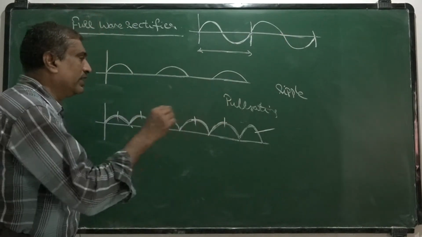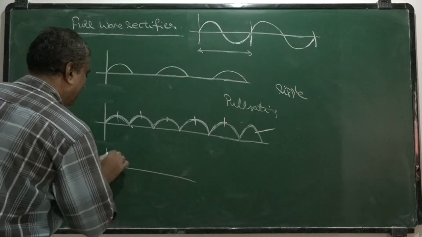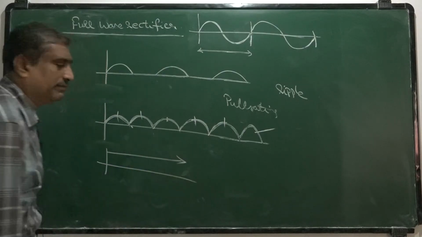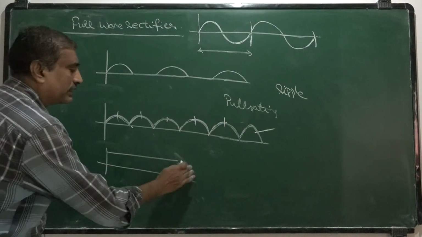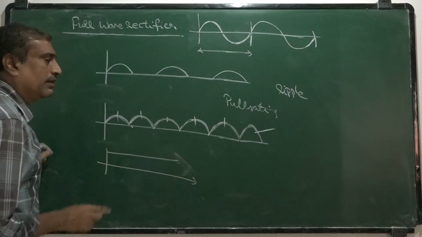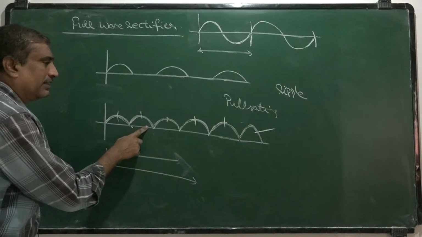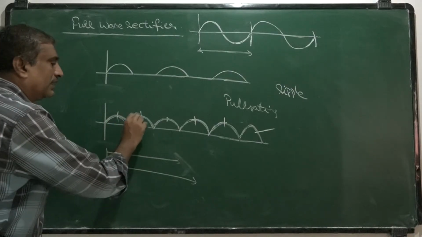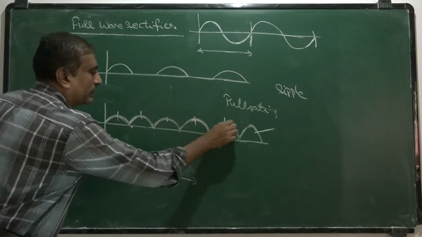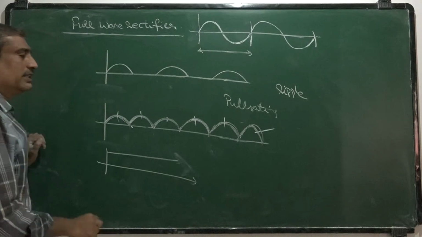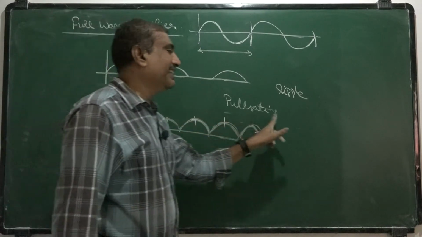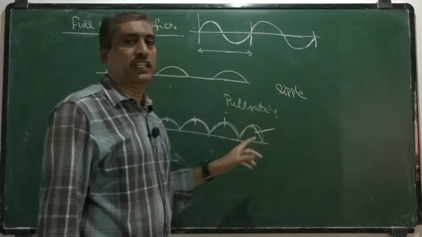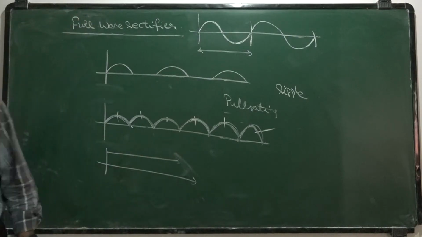Actually, in a pure DC, we have to get an output like this, with no variation with respect to time. It must remain constant like this. But here it is pulsating, varying like this. So this is called pulsating DC. It is not a perfect, pure DC.